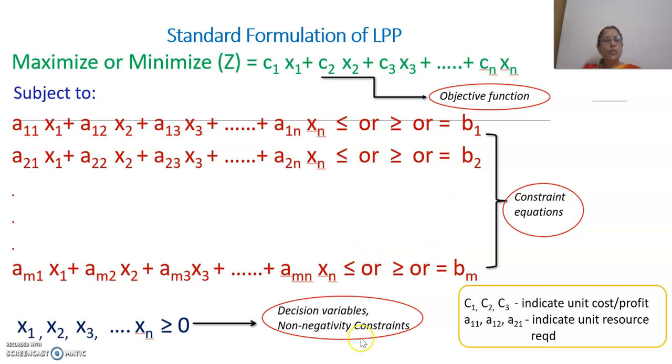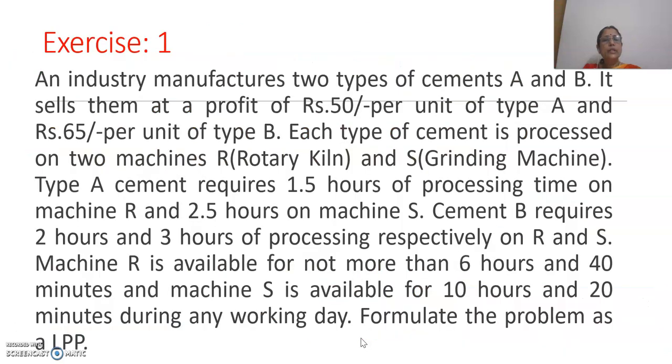Now let's move on to an example which we already discussed. So this was the first example which we saw in the previous session. We just started off with the example. So we'll just briefly see what this example is.